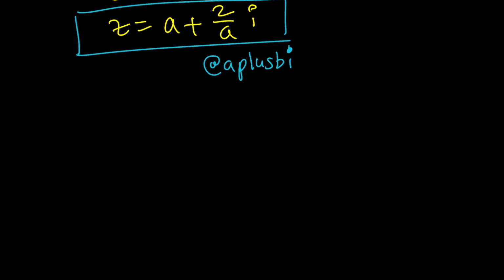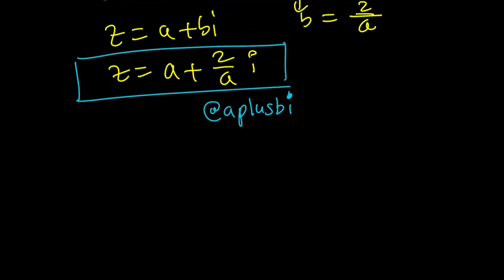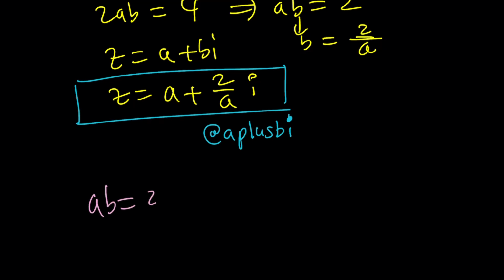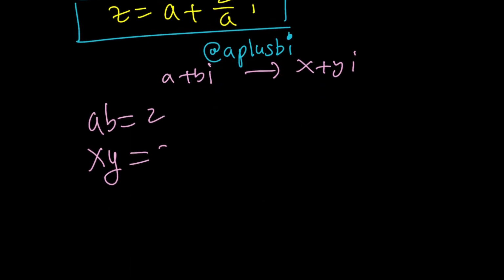so we're gonna do the following then. We got ab equals 2, and we're gonna go from a plus bi to x plus yi. So a is gonna be replaced with x and b will be replaced with y, and here's my equation.